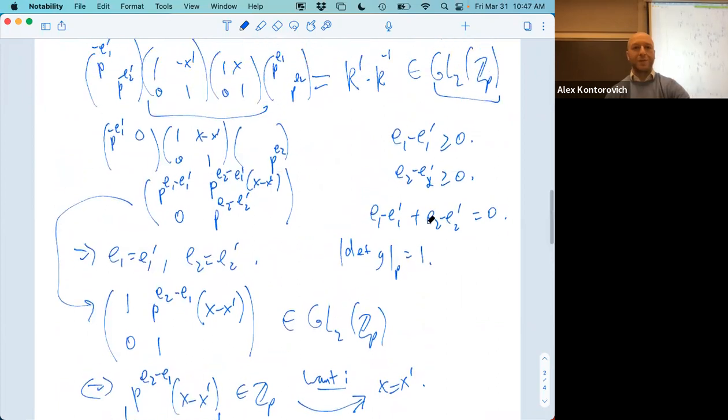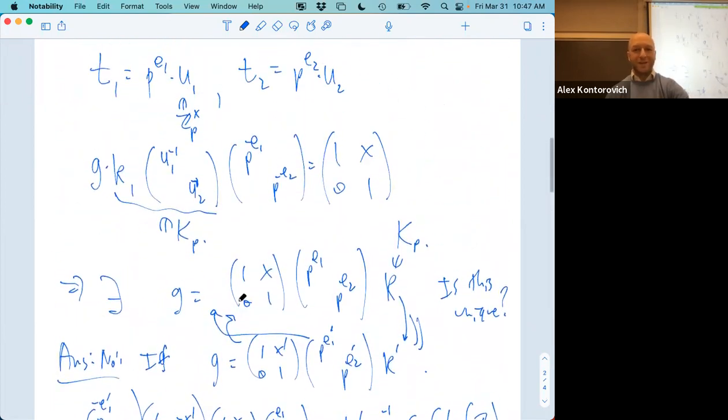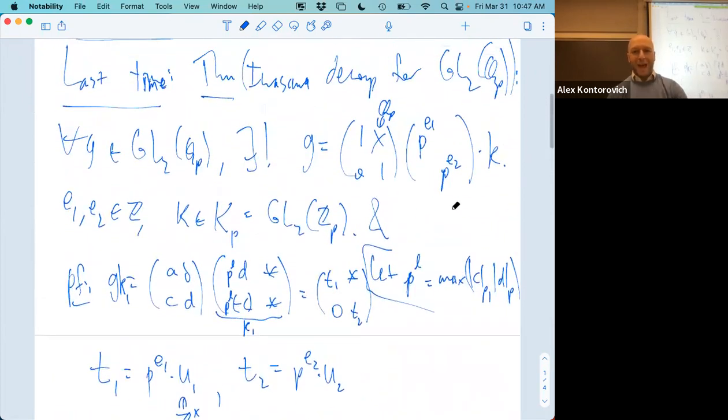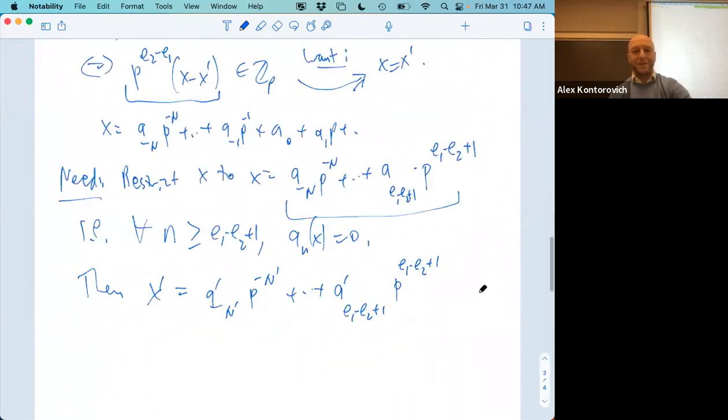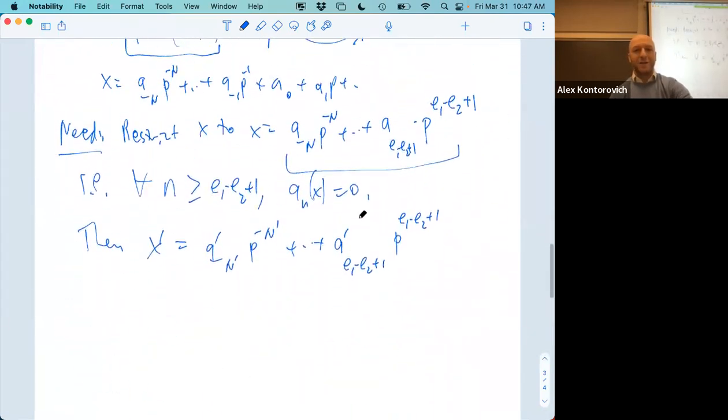Sure. So what we'll do, this will be unique, and we insist that X, if written in some series, has A of N equals 0 for all N greater than, once E1 and E2 are determined. Was it E1 minus E2 or E2 minus E1? I always forget. E1 minus E2 plus 1.